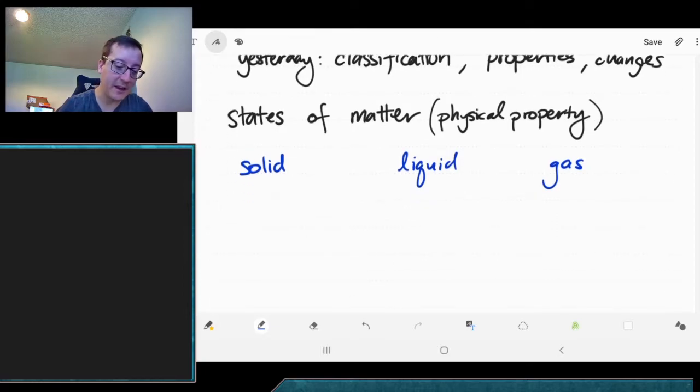The others you might encounter under special circumstances. We're going to put out some characteristics about these states of matter, things that are pretty obvious to us, hopefully, and we'll go from there.